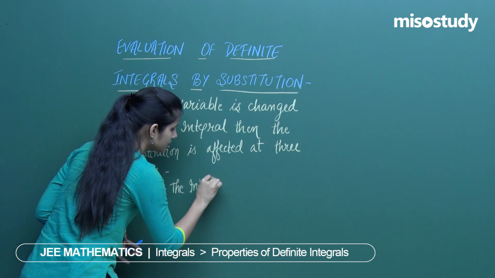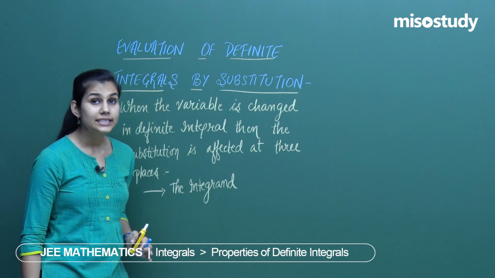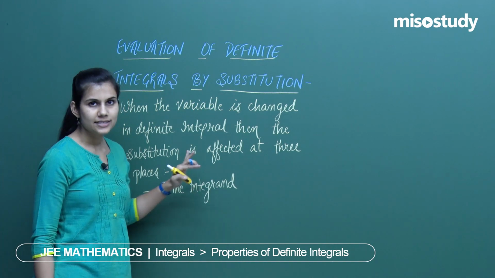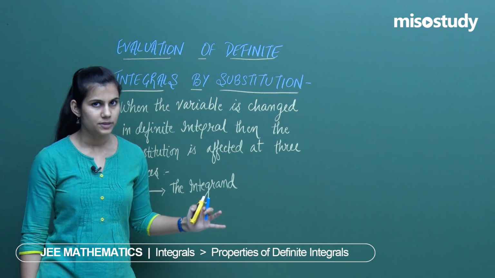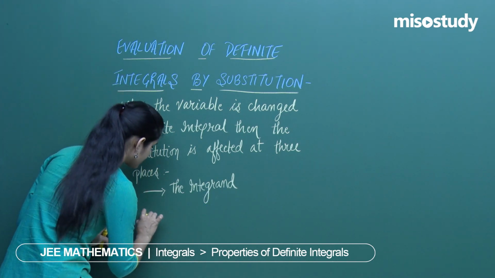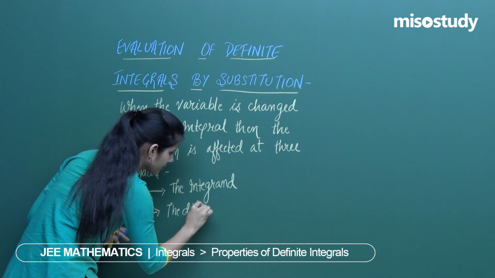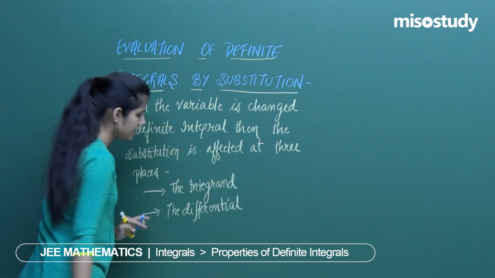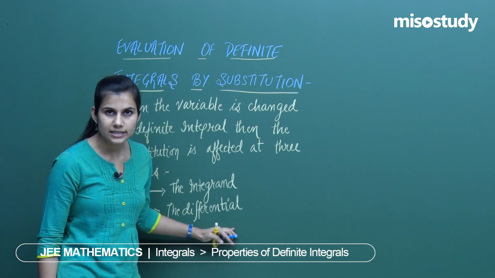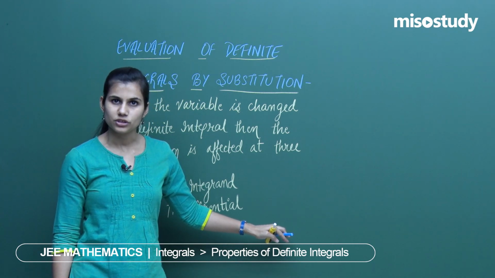first and foremost the integrand. If your new variable is t, wherever there is x in the integrand, it will be converted in terms of t, however you have substituted. Next, the differential. If originally the differential was dx, now it will become dt if t is your new variable brought into picture.